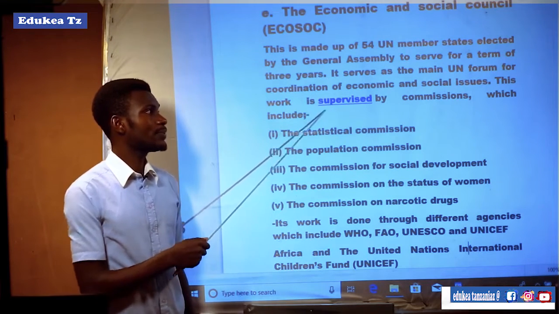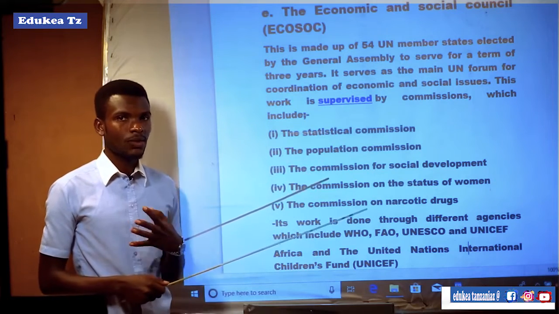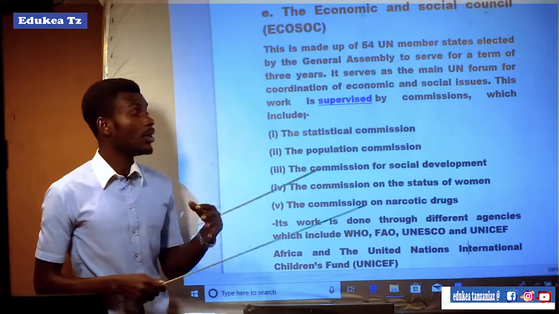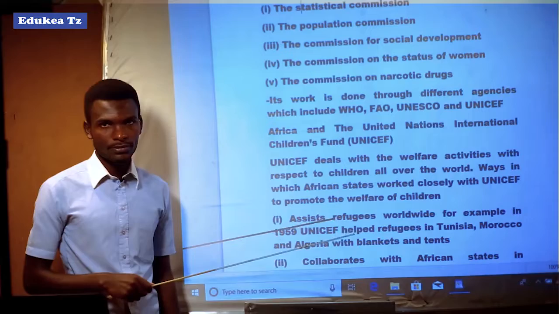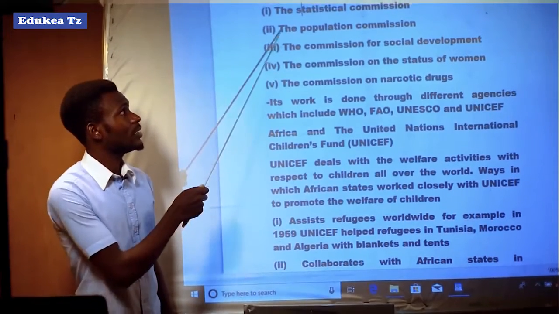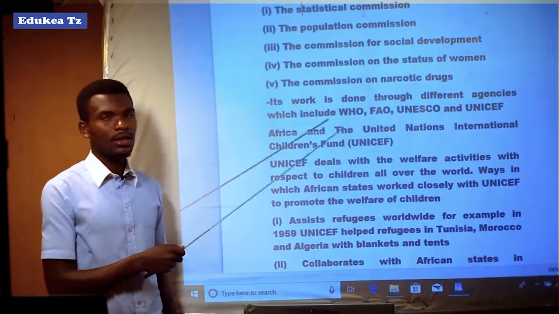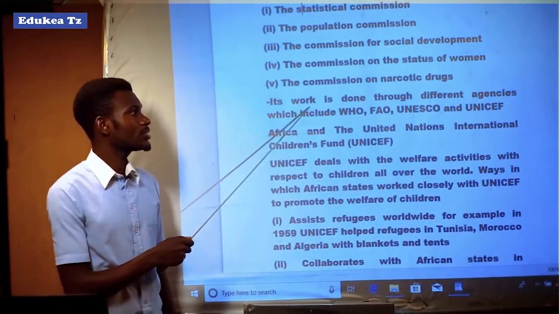The first one is the Statistical Commission. These are the commissions which work under the Economic and Social Council.